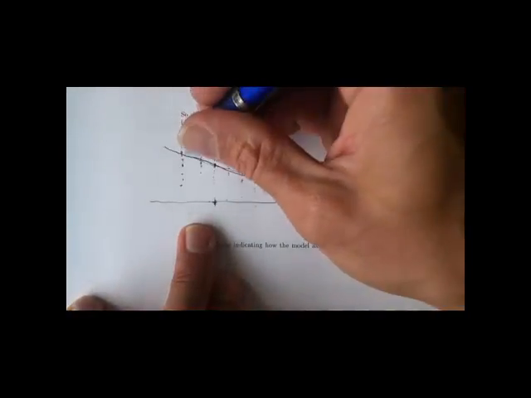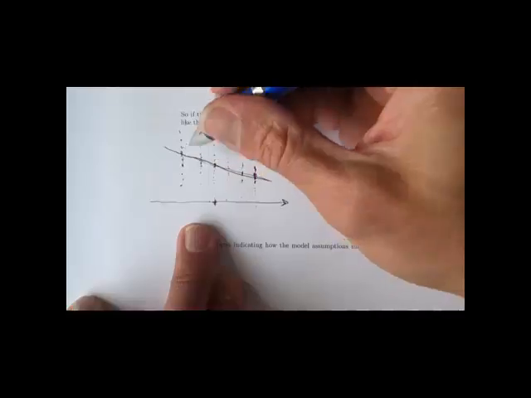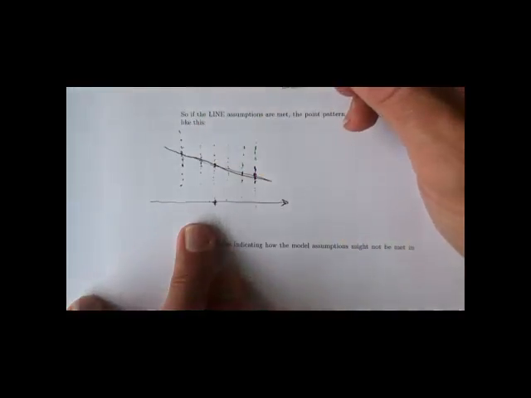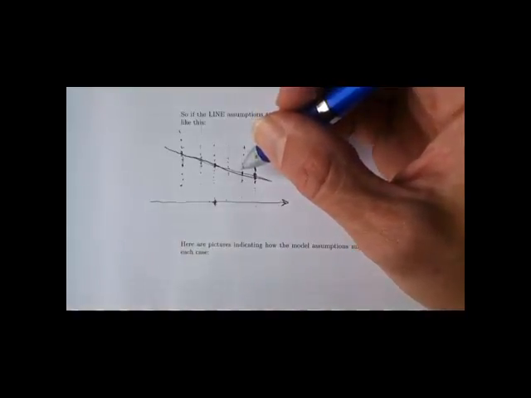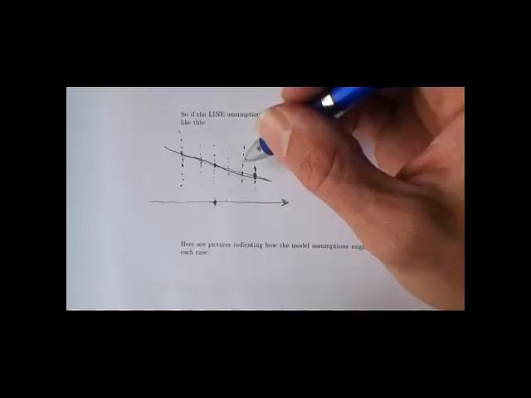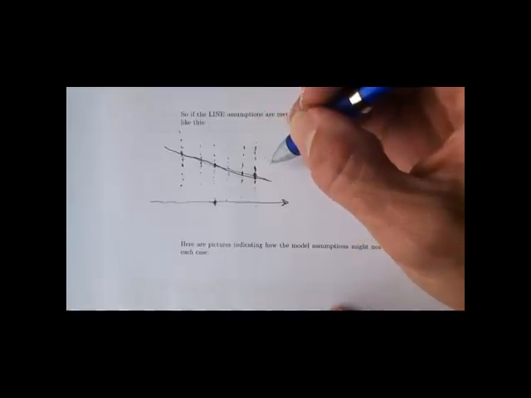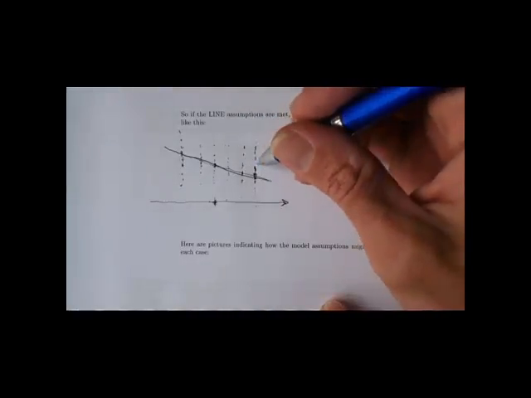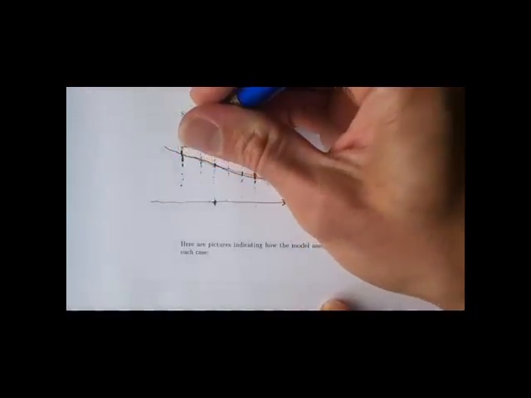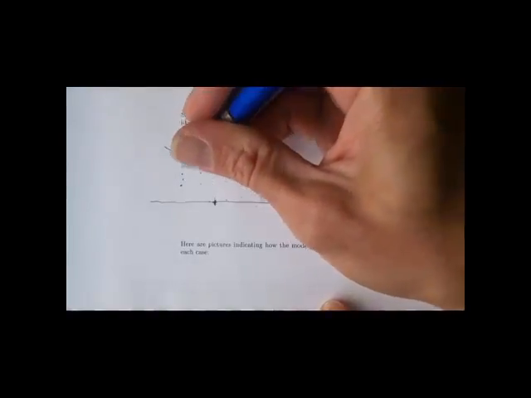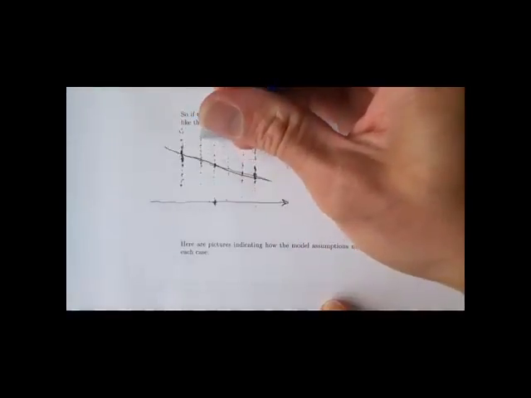The errors, these epsilon i's, should be independent. We can check for independence or autocorrelation, things like that. The errors, these epsilon i's, are conditionally normal random variables. That is, you should see them clustering pretty tightly around here, and then maybe some spread outness like this.